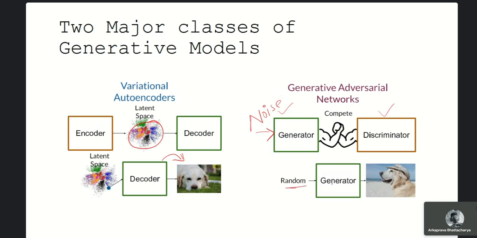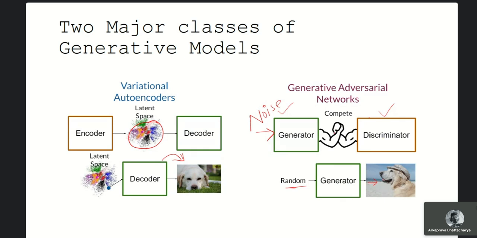So it takes random noise and outputs a dog. Then the discriminator, as the name says, tries to discriminate whether this dog is a real dog or a fake image of a dog. Its purpose is to distinguish whether the image it is getting is an image of a real dog or a fake dog.